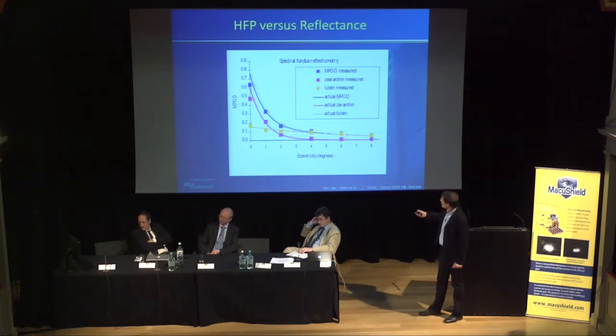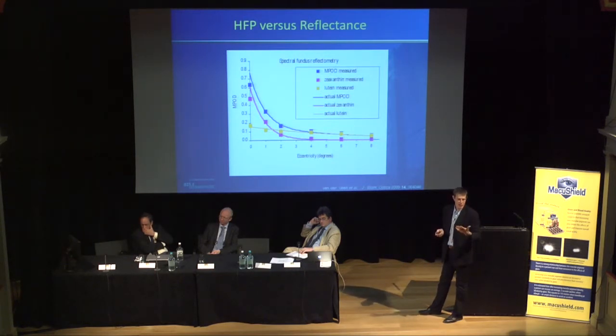The squares are the actual measurements, lutein, zeaxanthin, as I showed you before. What we're measuring when we say 0 degree is not 0 degree, it's an average over a 1 degree field. So if you have a steep distribution, the actual point at 0 degrees should be higher, because this point is in fact an average over a 1 degree field.